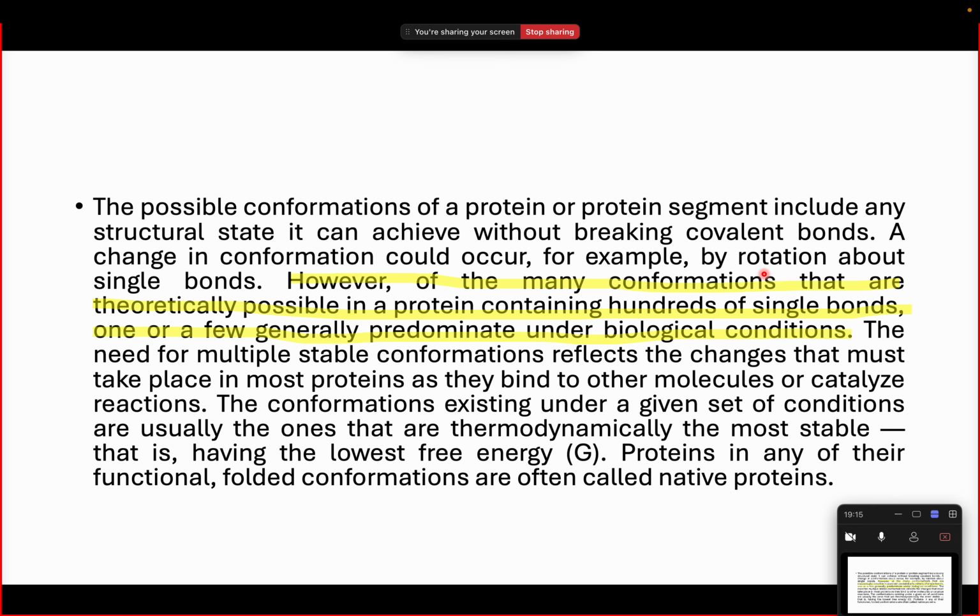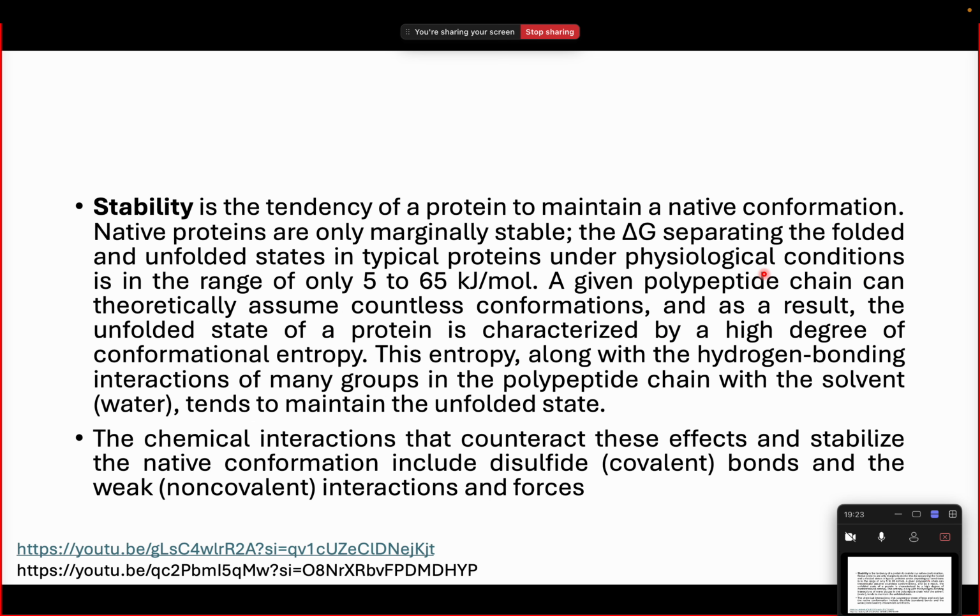Proteins in any of their functional folded conformations are often called native proteins. Okay. The stability is the tendency of a protein to maintain a native conformation. Native proteins are only marginally stable. The delta G separating the folded and unfolded states in typical proteins under physiological conditions is in the range of 5 to 65 kJ per mole.